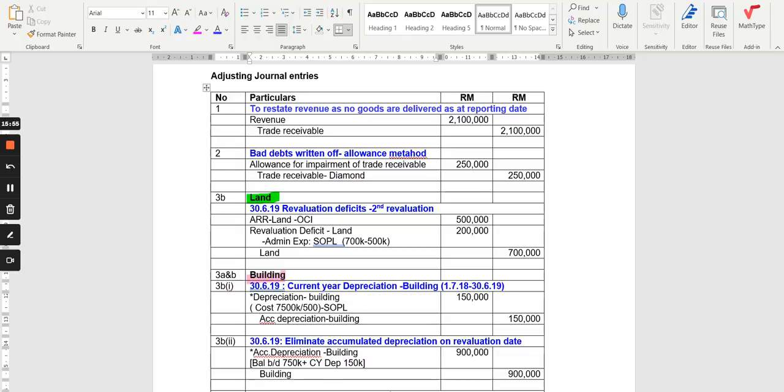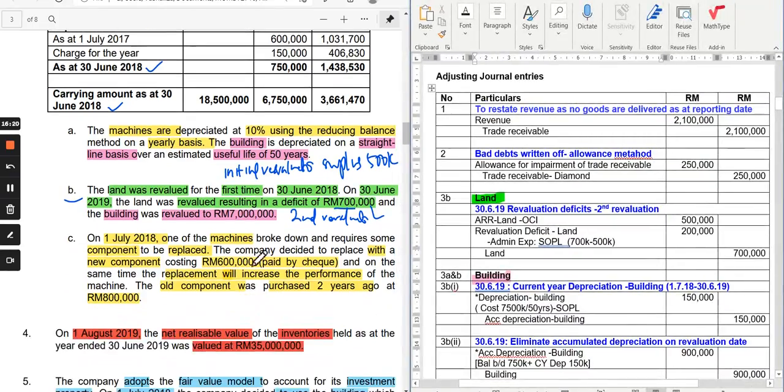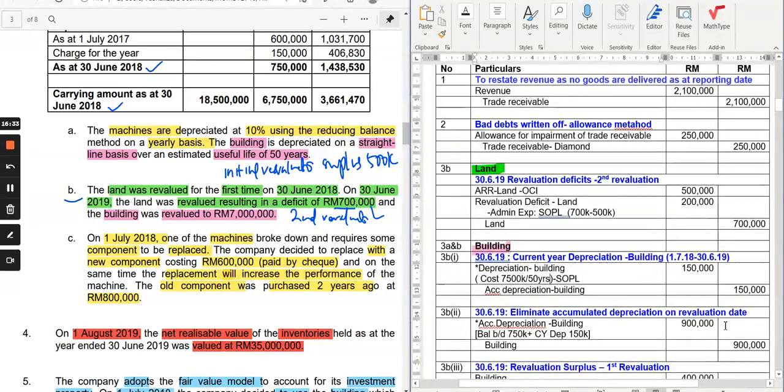So for the whole year, your depreciation is still based on the previous amount, which is 7.5 million. So 7.5 million here, if you divide it by 50 years, which one is 50 years? Just look at that information given here, 50 years. So the useful life was 50 years. So you divide by that, you have 150,000. And credit accumulated depreciation building 150,000. You will do that first.